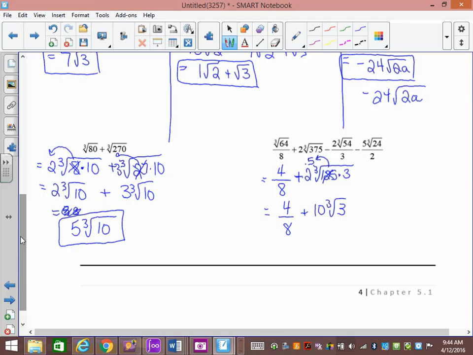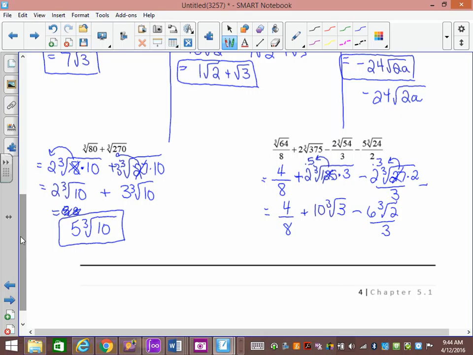The cube root of 54, I can break that down into 27 and 2. Over 3. Cube root of 27 is 3. So I'm actually left with minus 6 cube root 2 over 3.